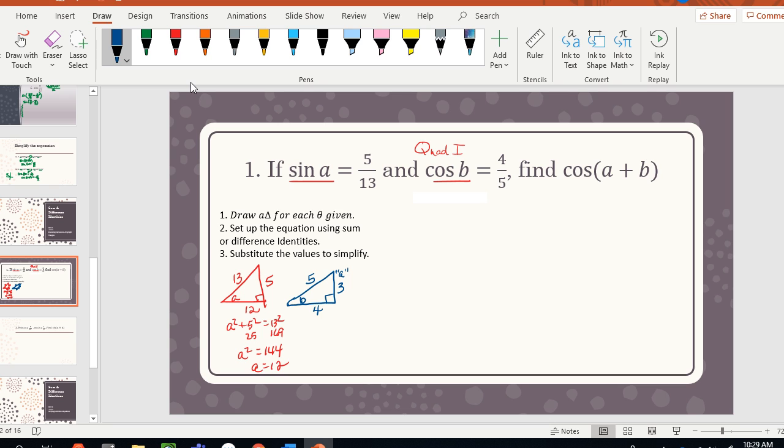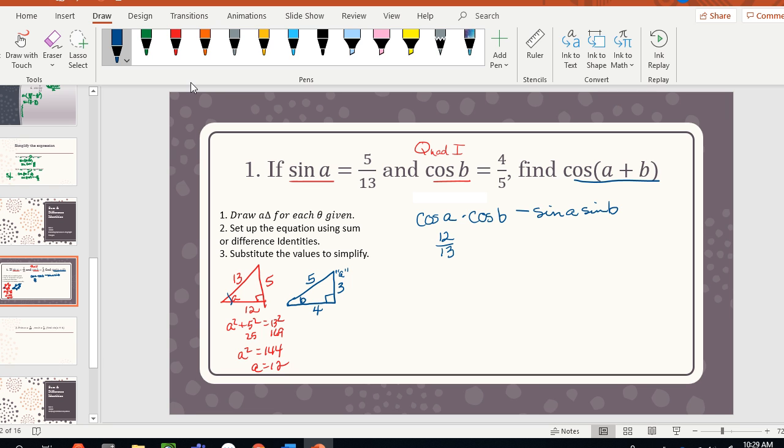All right, so now set up the formula for what we're looking for. For cosine of A plus B, it's going to be cosine of A times cosine of B minus sine of A times sine of B. That's the pattern, right? So cosine of A, I'm going to go to A, and my cosine is 12/13.